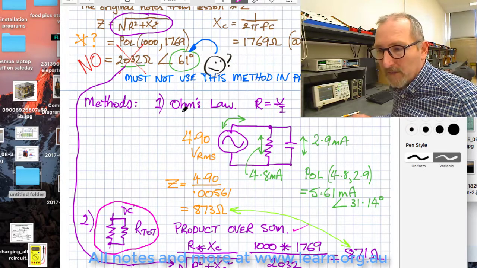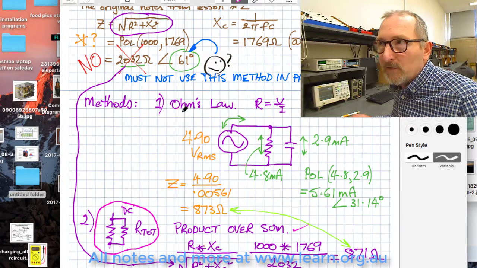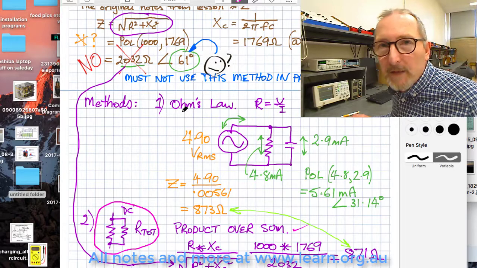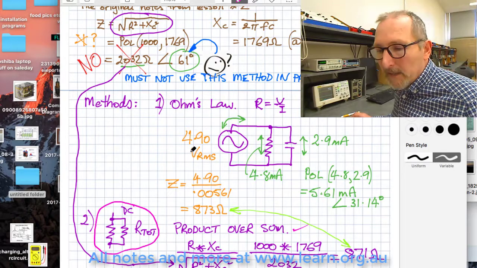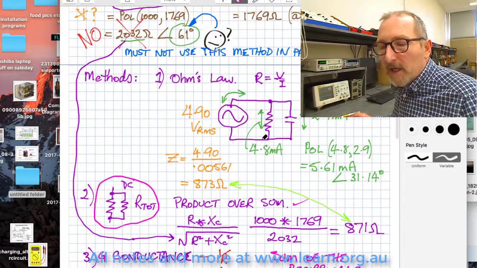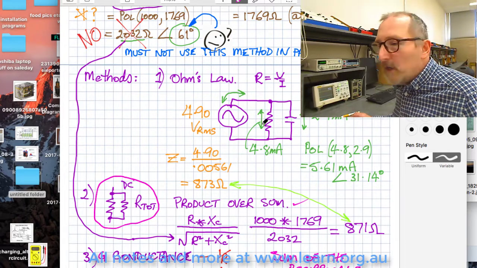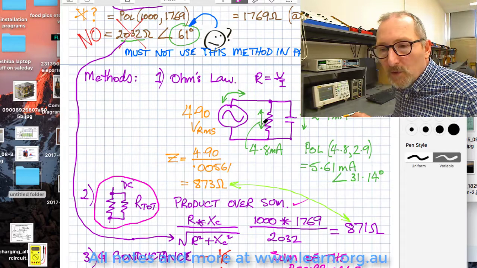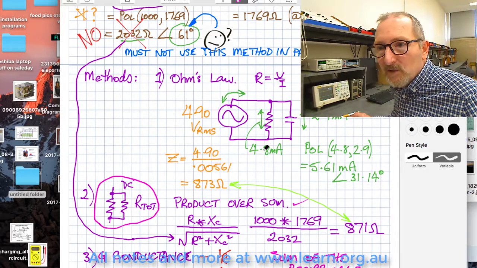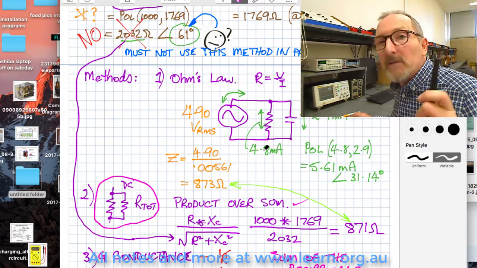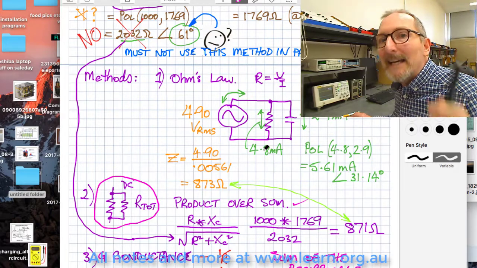Once you've worked out the total current, you've got a total voltage, hey, you can work out the impedance pretty quickly. But if you didn't go down that track and you just had the XC and you had the R, can you do it? You won't find this in all textbooks. You'll find it in the Floyd textbook, you won't find it in the Hazen textbooks.